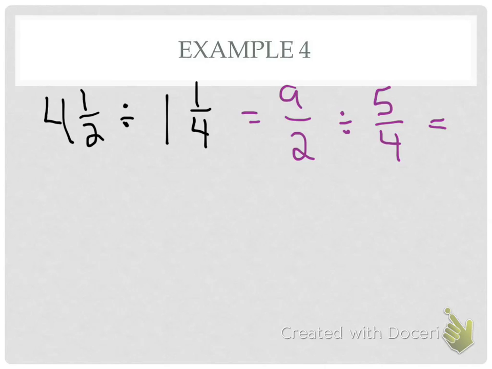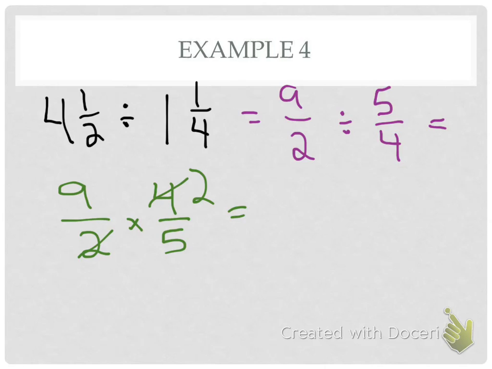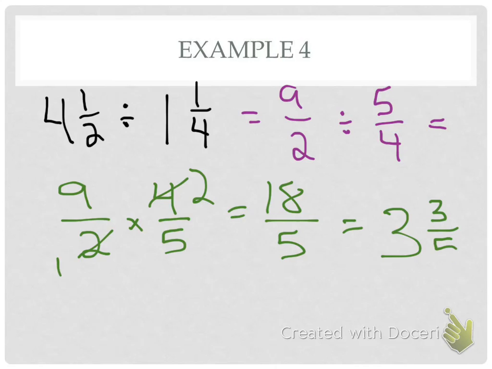Then you're going to multiply by the reciprocal, 9 over 2 times 4 over 5. Cross-reduce where possible. 9 times 2 is 18, 5 times 1 is 5. Change back to a mixed number, 3 3/5. And if you understand that, that's everything you need to know for 5.4.